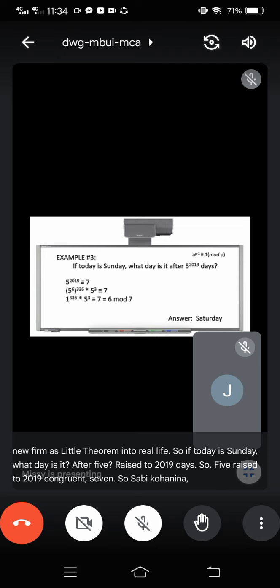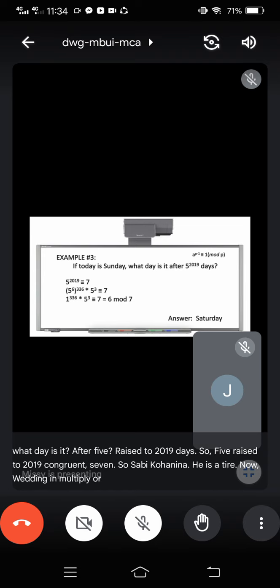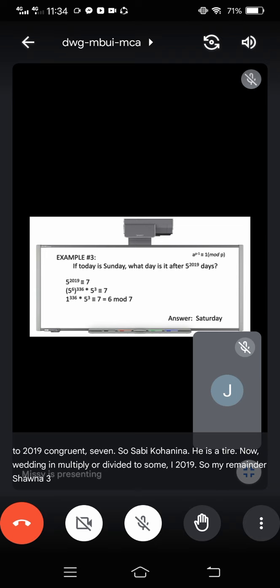Kailangan iisip tayo ng pwedeng i-multiply or i-divide dito sa 2019. May remainder siya na 3.